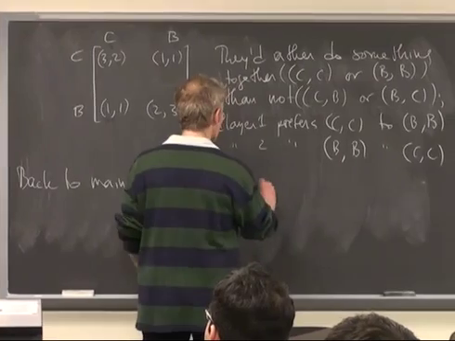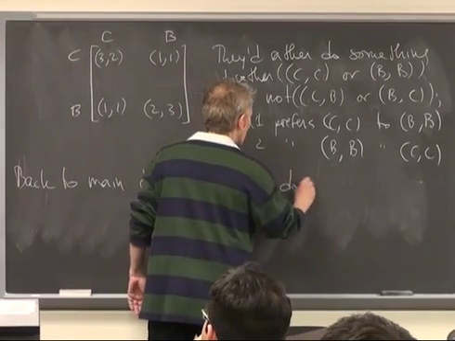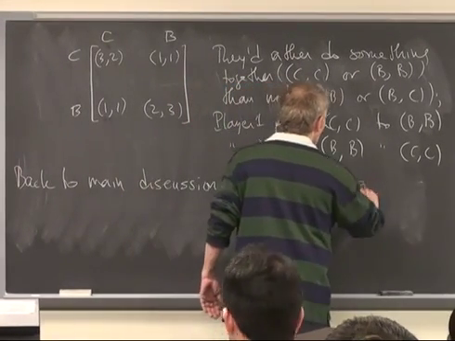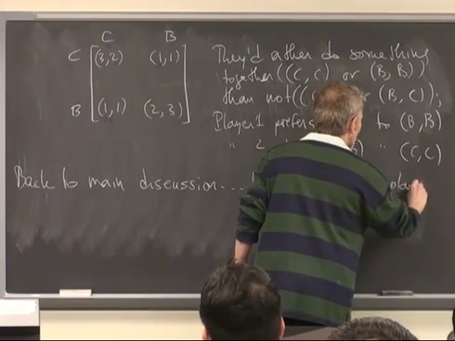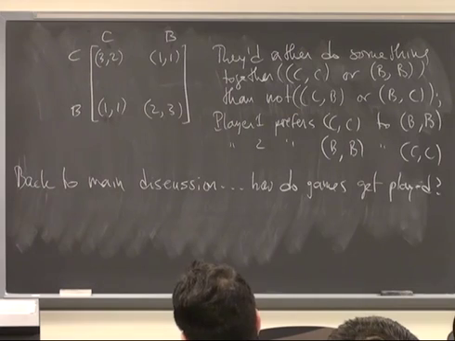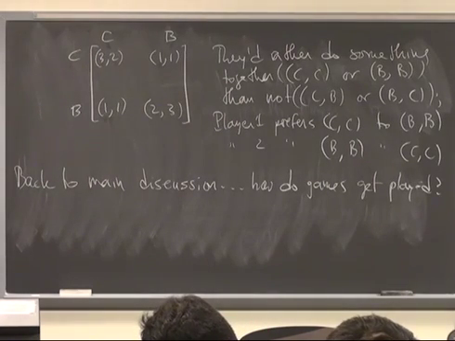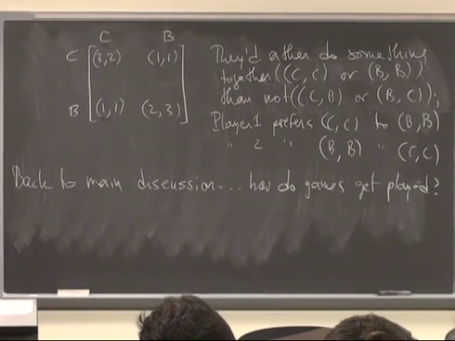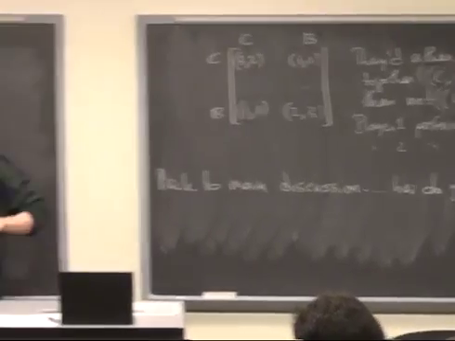Okay, so how do the games get played? Each player, remember, they all know what the game looks like, and they all know that they all know what the game looks like, and so on, ad infinitum.